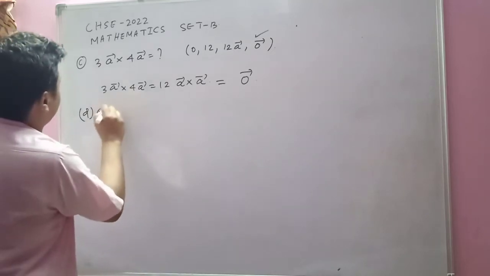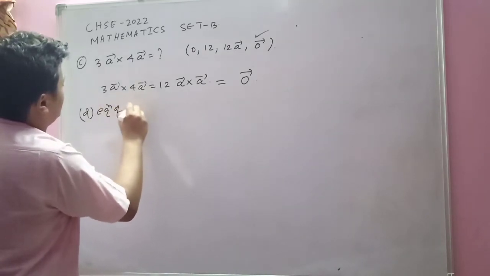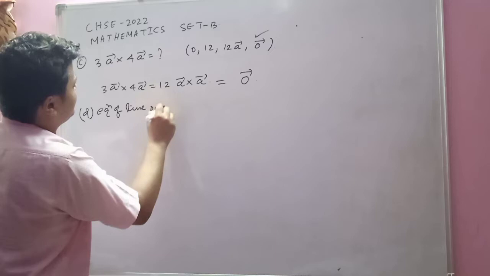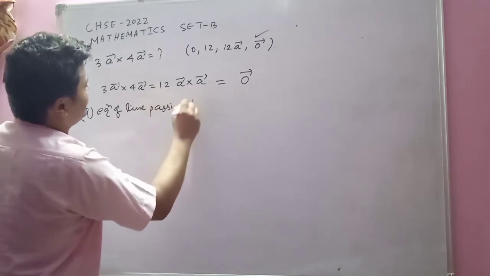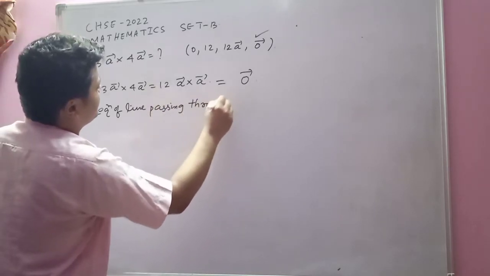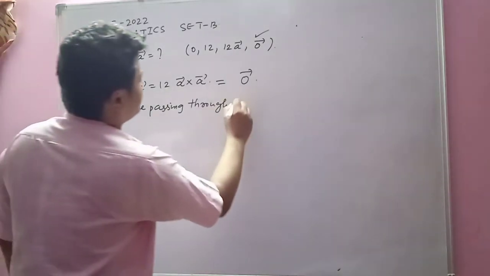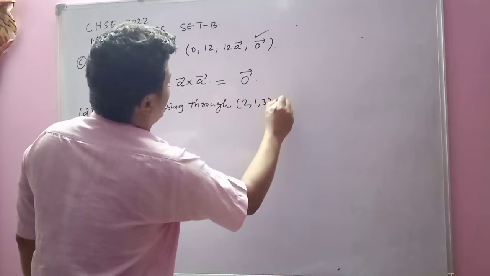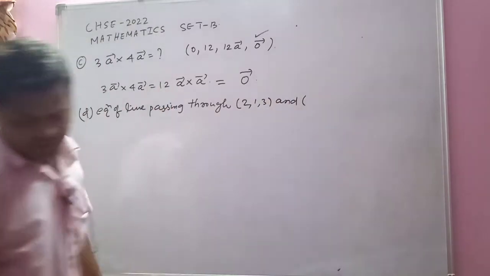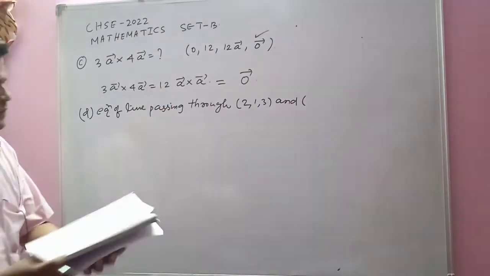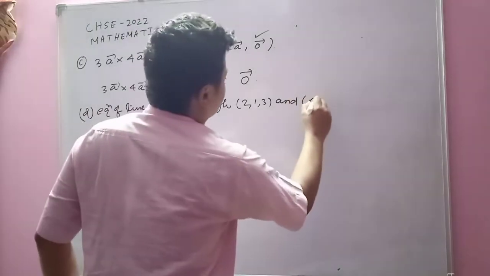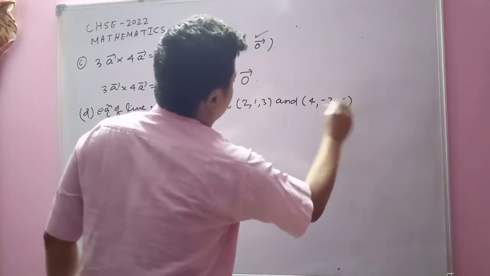Equation of line passing through 2 1 3 and 4 minus 2 5.